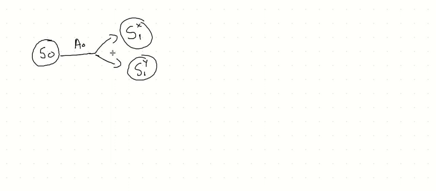So with some probability Px, you might end up in S1X, and with some probability Py, you might end up in S1Y. So I am taking this action, but I might end up in this state with some probability, or in another state with another probability.